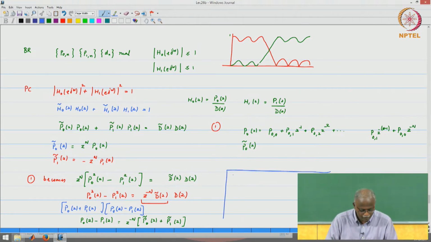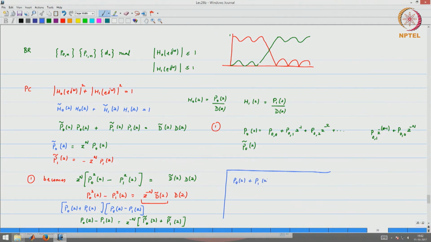Here it is, P0 of z plus P1 of z. This is a real coefficient polynomial, right? That is what we have assumed. P0 and P1 are real coefficient. So that means if there is a zero at z0, there must be a zero at z0 star, z0 conjugate. So these zeros cannot occur individually except if they are on the real axis. Anything that is not on the real axis must occur as a conjugate pair.